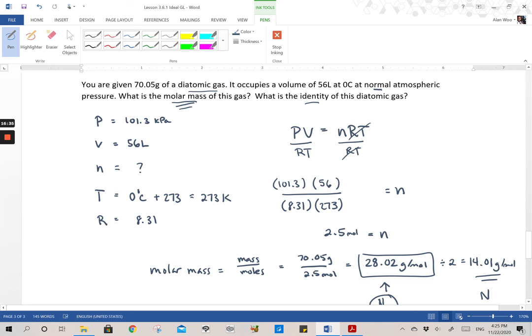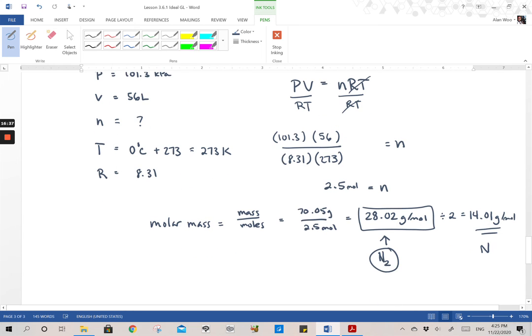And if we decide to ask you the identity of this gas, look on your periodic table to see if there is a substance that matches the molar mass. Most of the time, if it is diatomic, I'll let you know that it's diatomic, so that you can divide by 2 to find out the actual identity. But if I don't say it's diatomic, you don't have to assume that every gas is diatomic. Just look on the periodic table to see if you have an element that matches up with the molar mass.